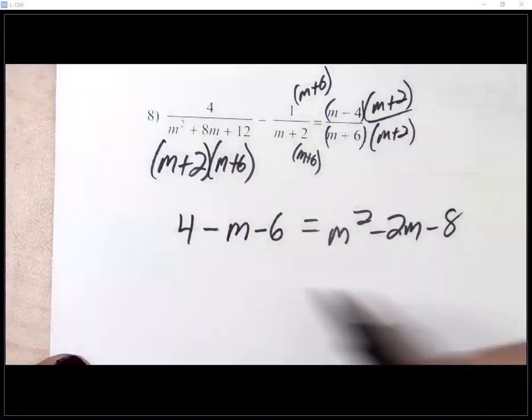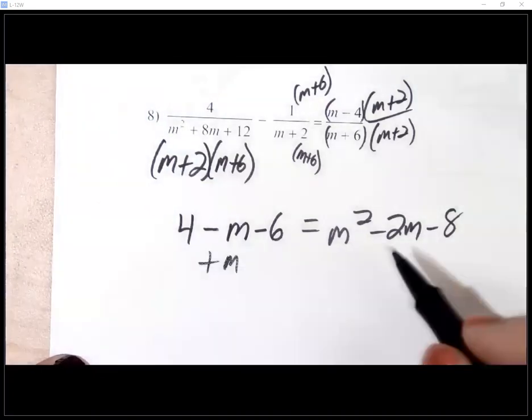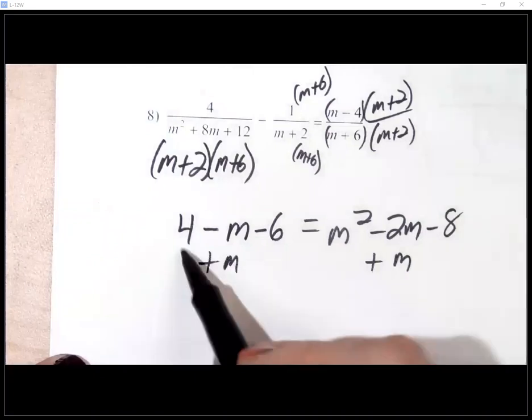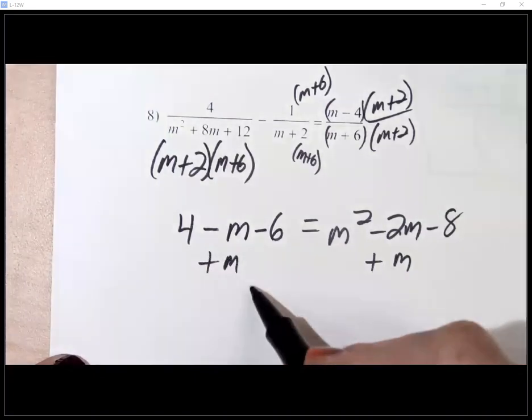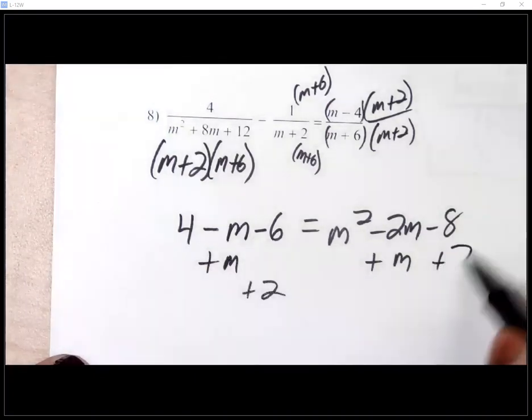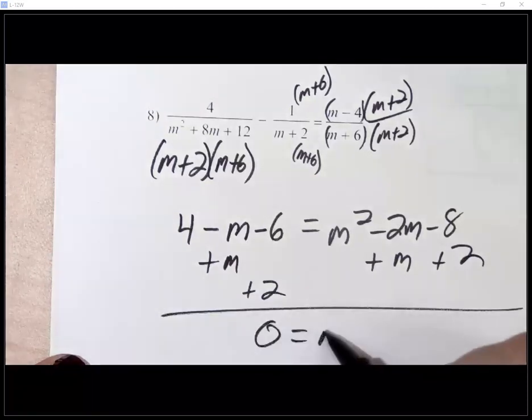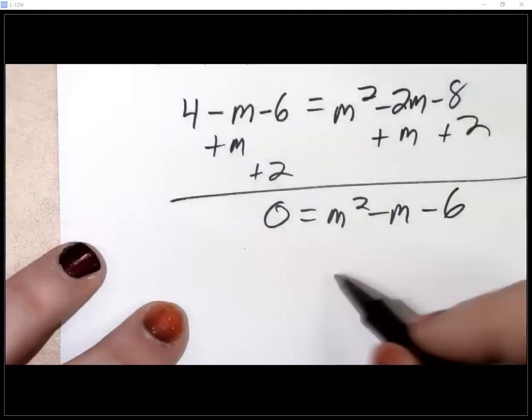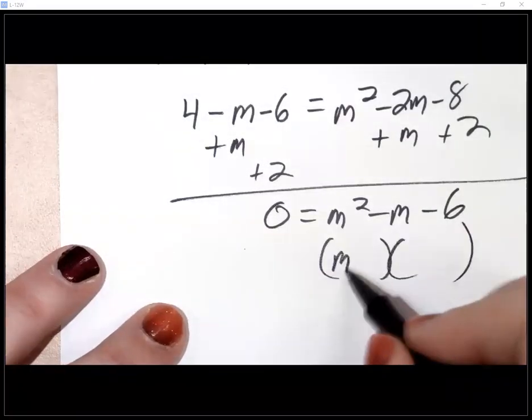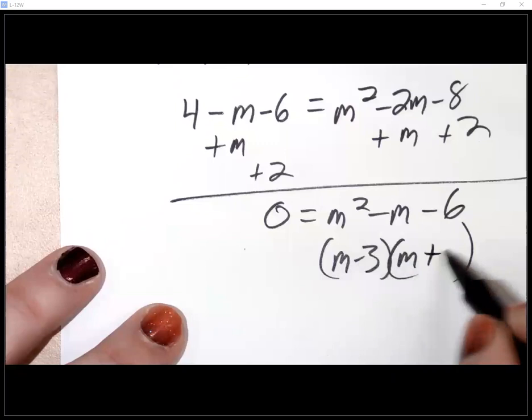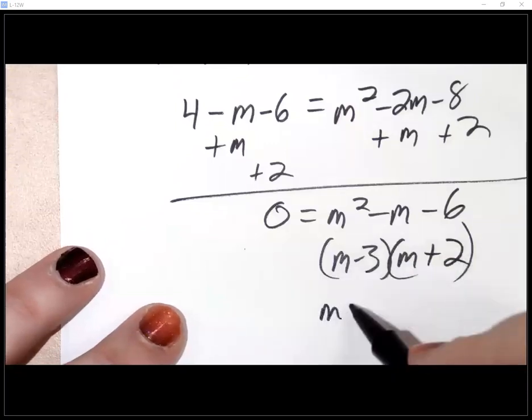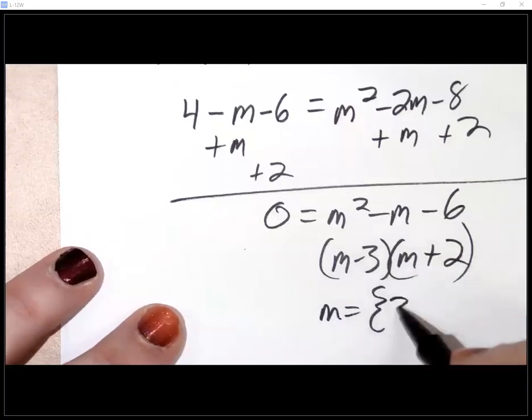So let's add m. And that's going to be a minus 2, so I'm actually going to add 2 to both sides. So now let's factor. Minus 3 and a plus 2, right? Yep, so my answers are actually a plus 3 and a minus 2.